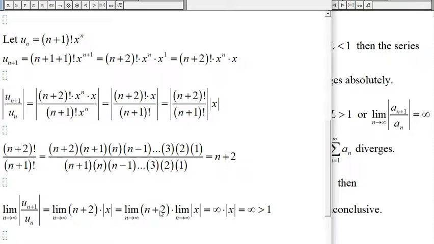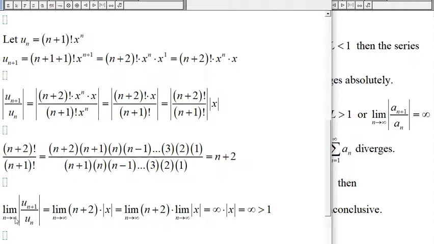The limit of n plus 2 is infinity, because as n approaches infinity, n plus 2 approaches infinity. The limit is with respect to n, so there's no n in the absolute value of x, and you can think of it as a constant. So infinity times the absolute value of x is infinity, which is greater than 1.